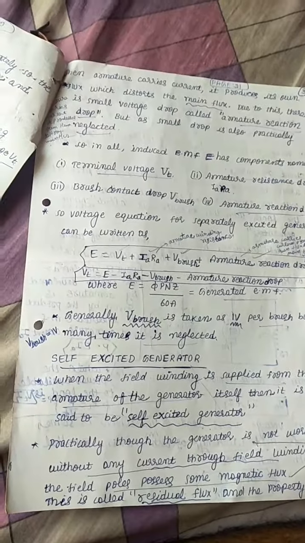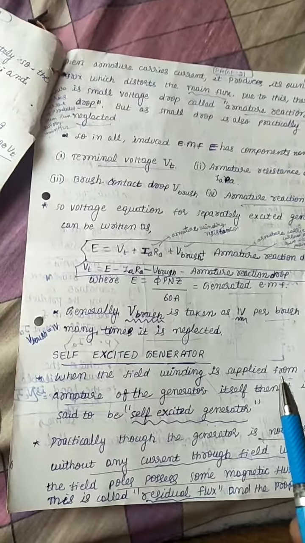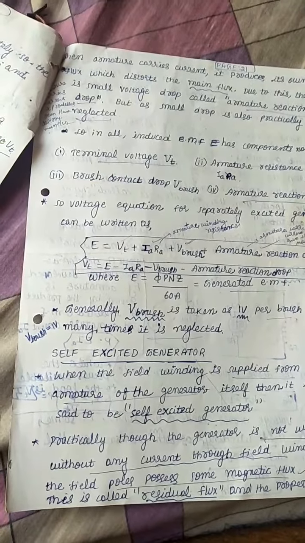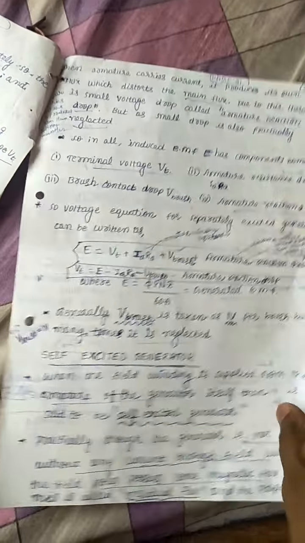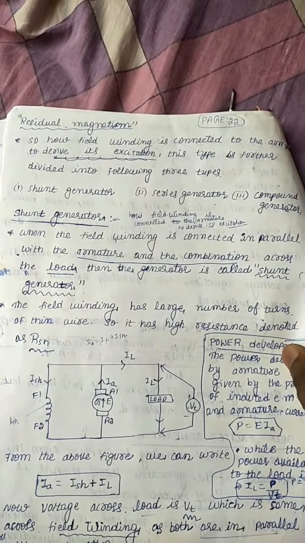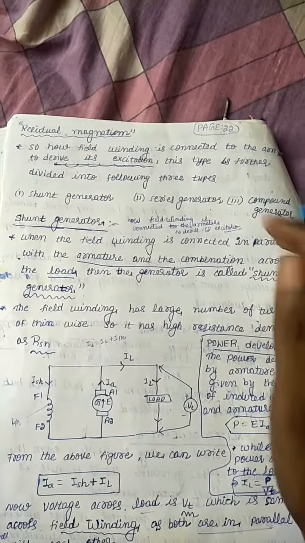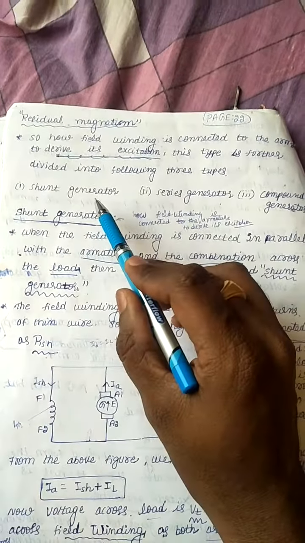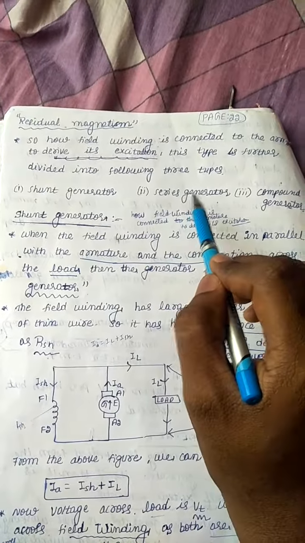So the field poles possess some magnetic flux called residual flux, and this is called residual magnetization.